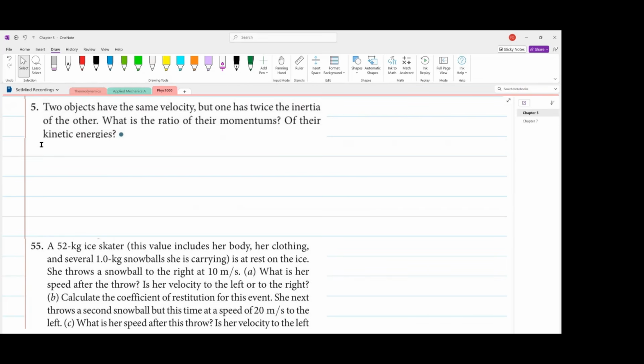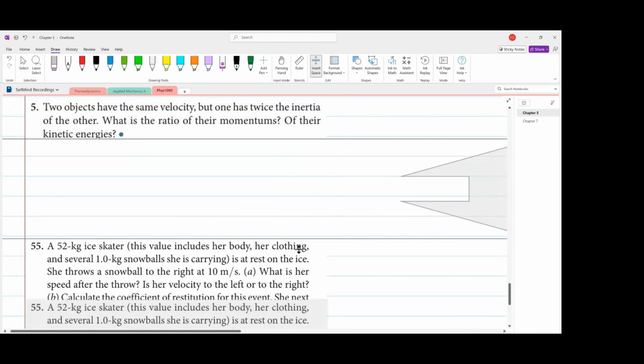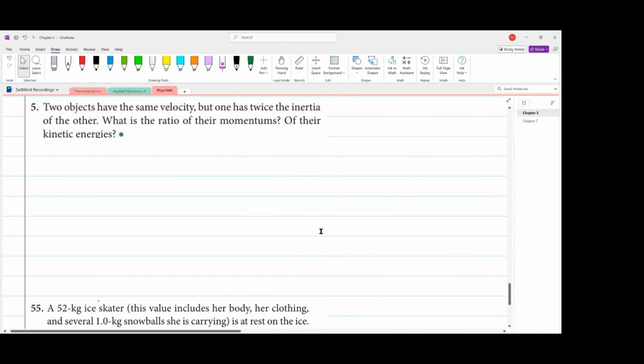What is the ratio of their momentums and what is the ratio of their kinetic energies? And without writing, you should be able to see that the ratio should just be 2:1, right? Because if you think about it, momentum is mv, kinetic energy is 1/2 mv squared. The point here is we're just multiplying m. We are not doing anything to the m. So the relationship should stay the same.